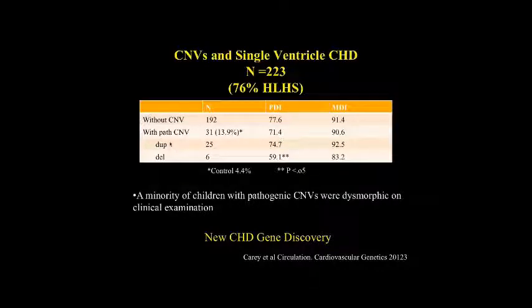On this slide, we look at 223 cases in which ultrasound showed a single ventricle. About 2/3 of these were a hypoplastic left heart. The others were single right ventricles.